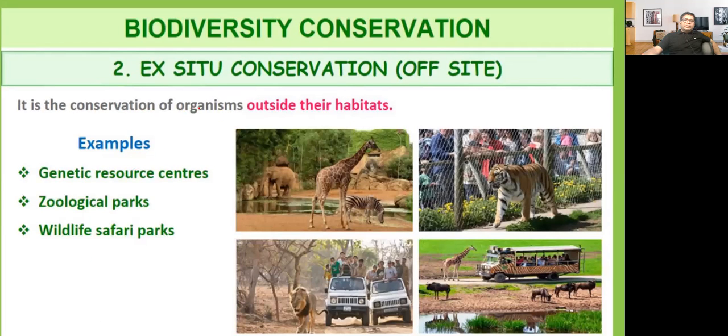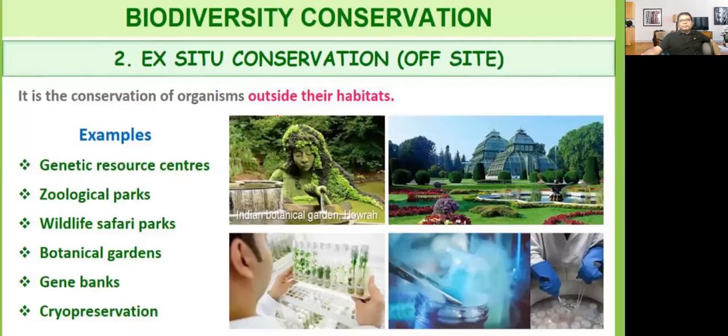It is the conservation of organisms outside their habitat, like in the zoo. Examples: genetic resource center, zoological parks, wildlife safari parks. These are some examples of ex situ conservation. It is also botanical garden, gene bank, cryopreservation.